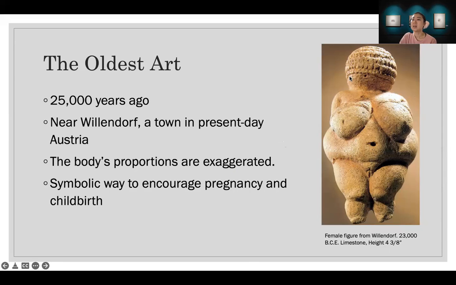It has a detailed hairstyle that covers the entire head, and the body's proportions are exaggerated. Scholars assumed that they were fertility figures used in some symbolic way to encourage pregnancy and childbirth.